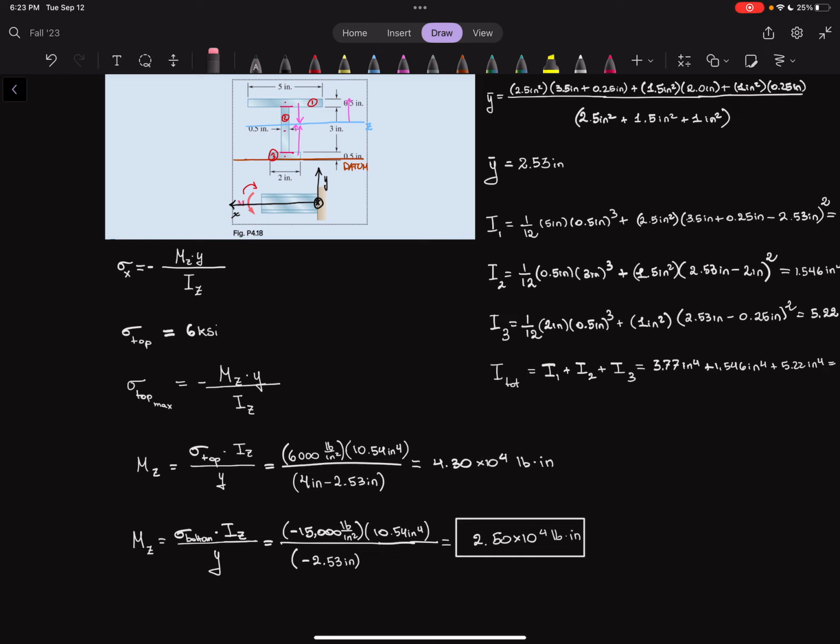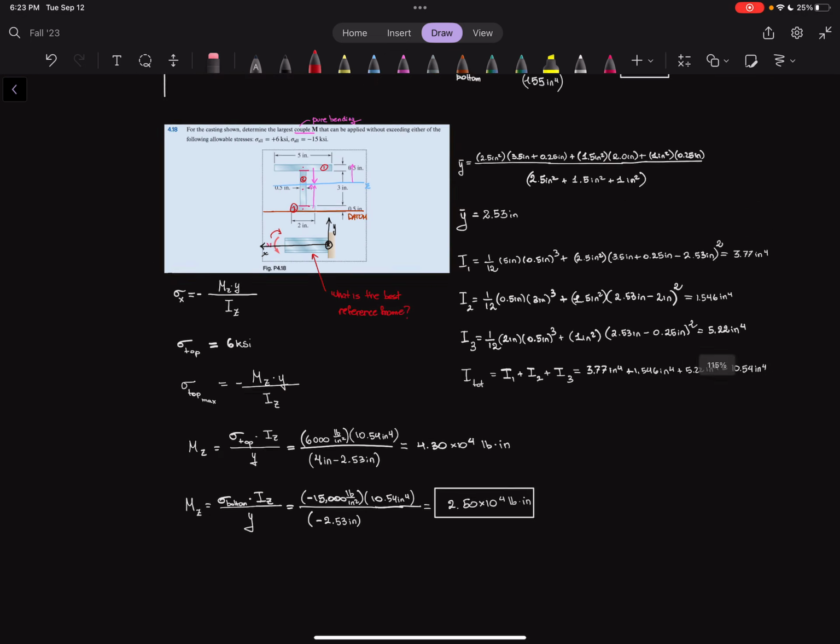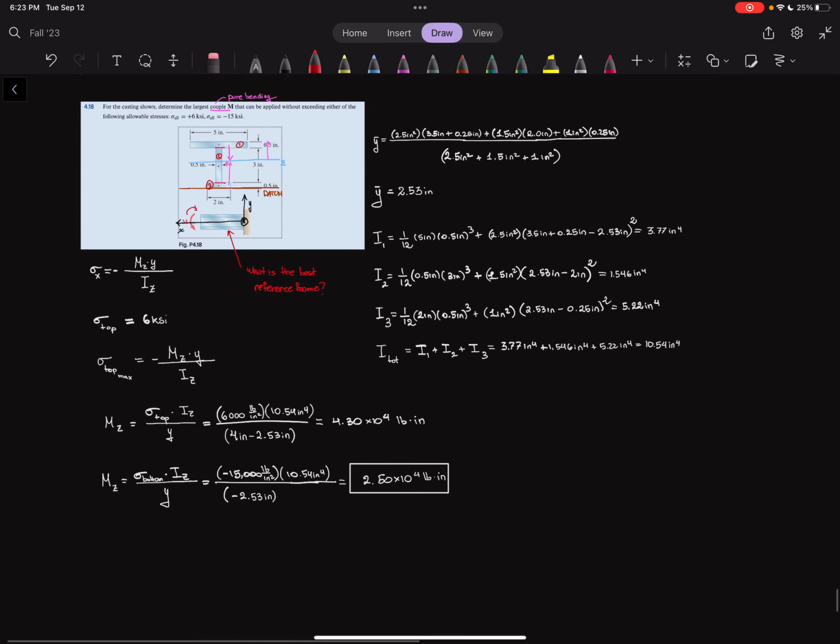In this case, that moment is considered, I'll have to ask on this one, I'm not sure. What is the proper, or the best, or recommended reference frame? So I'll ask that, or if you know, just put it in the comments.